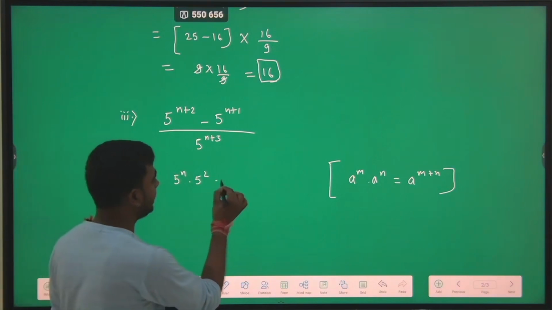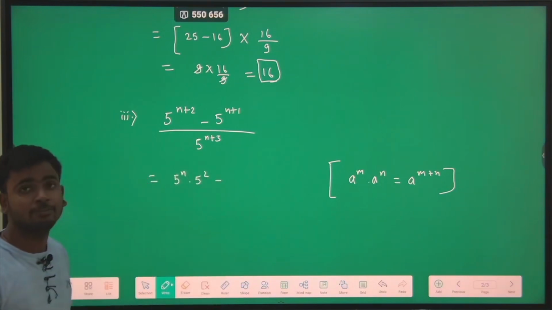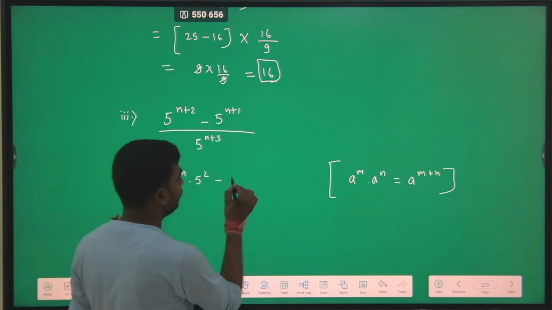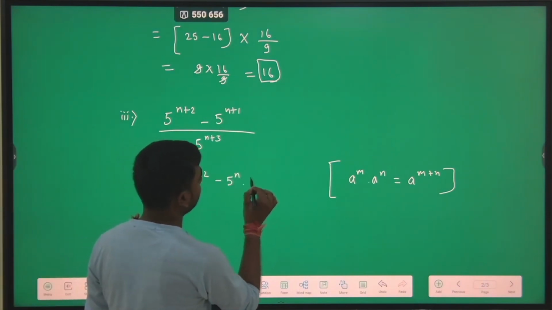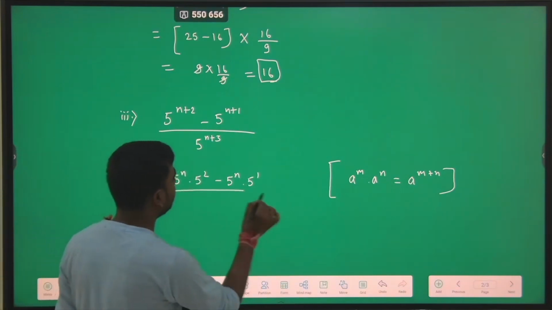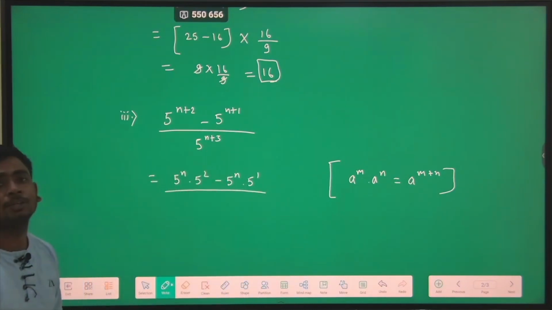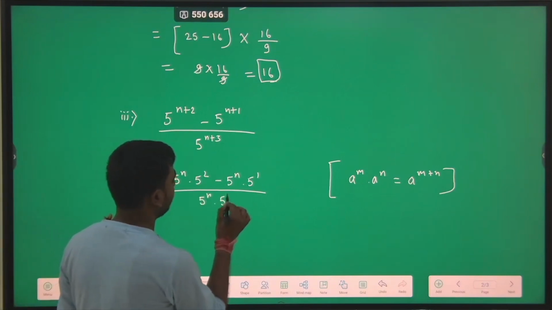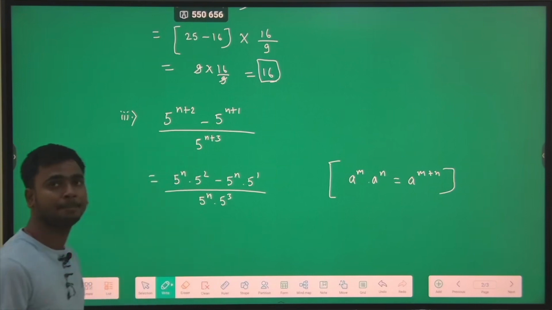Also, this negative symbol will be written as negative and 5 to the power n plus 1 will be 5 to the power n multiplied with 5 to the power 1. This whole will be divided with 5 to the power n plus 3 will be 5 to the power n multiplied with 5 to the power 3.